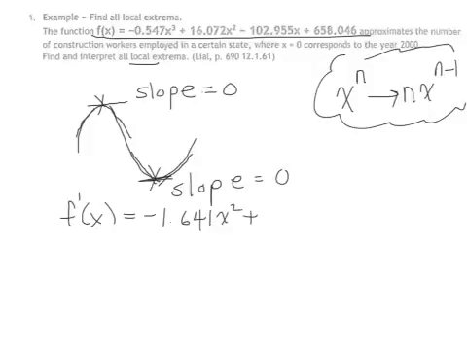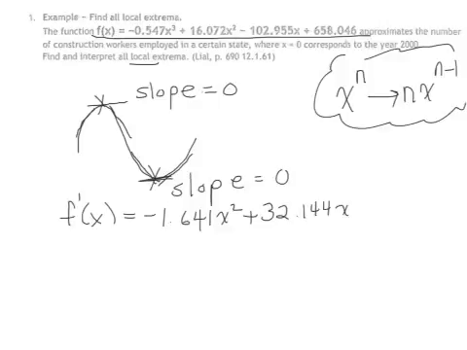Addition sign, we have 16.072 x squared, so it's going to be 2 times 16.072, which gives us 32.144, and it's x, so 2 minus 1 is x to the 1.